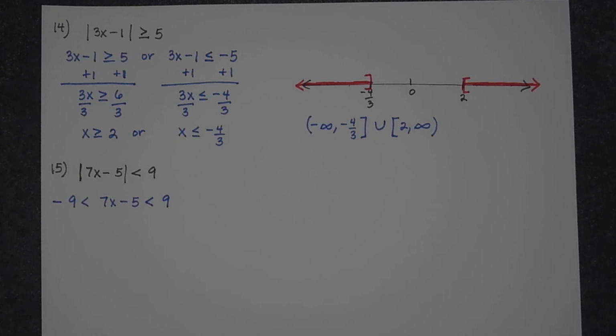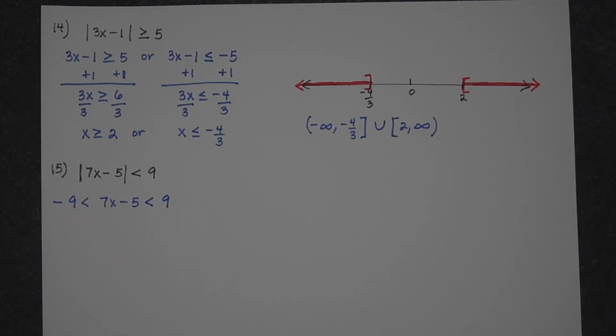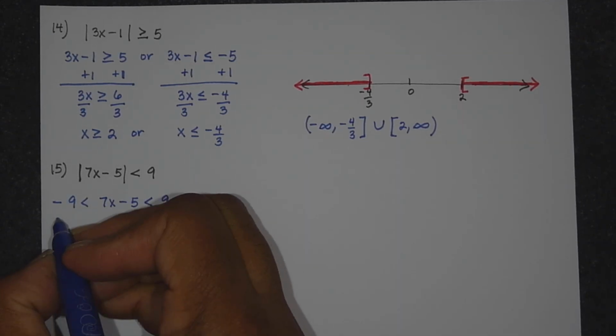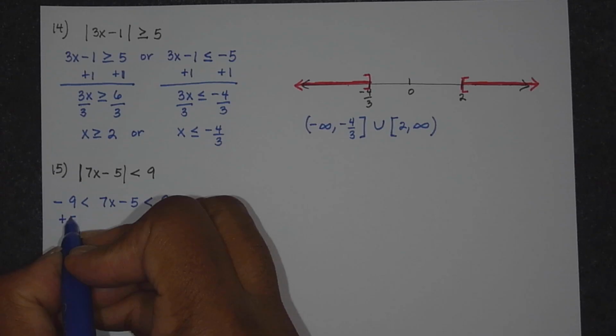So here, like we saw that compound inequality in number 13, we're going to perform the same operation on the left side, the middle, and the right side. So in this case here, to get the x by itself in the middle, I need to do what? First, add 5.